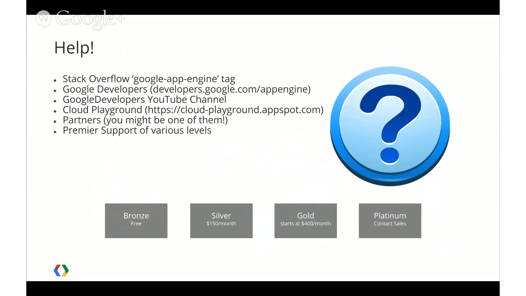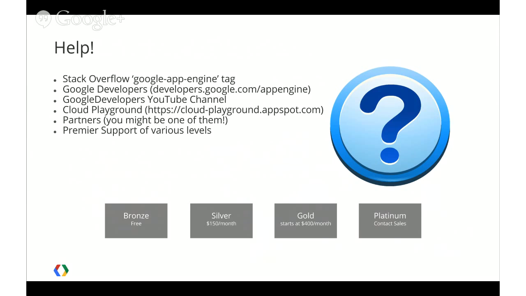We also have the Google Developers YouTube channel. There's loads of information there, and this is where you'll find videos from I/O, and deep dive topics from App Engine to Compute Engine to all of our services. We also have a cloud playground where you can try some of these APIs without having to get into full-blown application development.